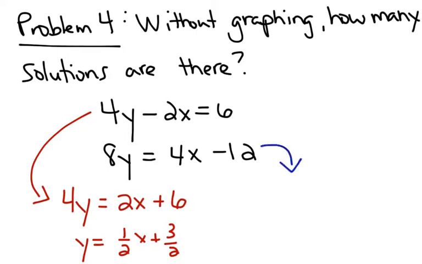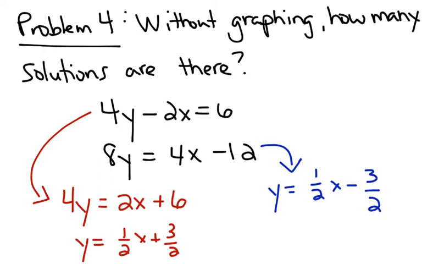The second equation, y is already by itself, so all I have to do is divide everything by 8. 4 divided by 8 is 1/2. 12 divided by 8 is 3/2.